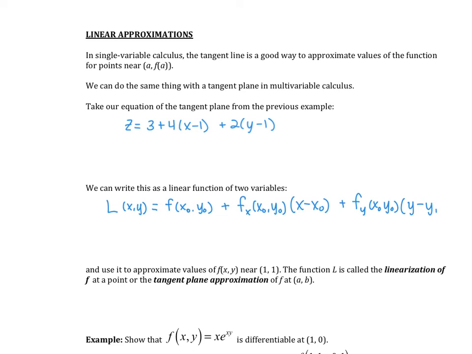And that is the equation for the linearization. Now, let's go back to that problem before and use it to approximate the values of f of x near 1, 1. Well, we would expect that we would see 3. But let's say I wanted to find the linearization at 1.1. I'm going to scoot this up.